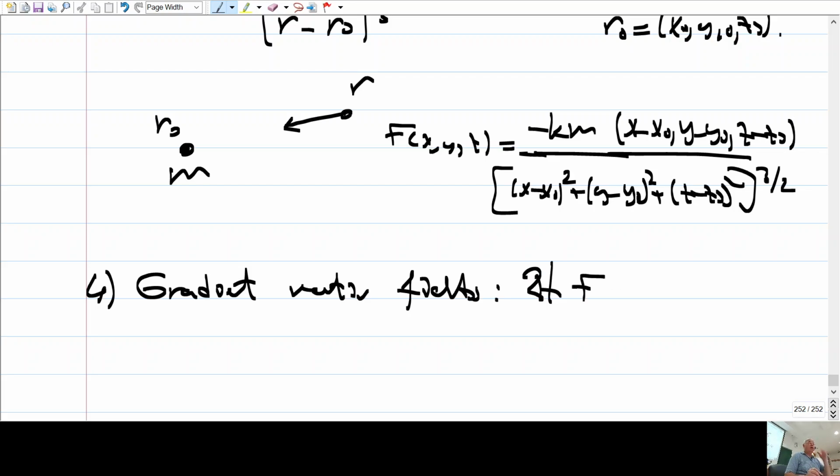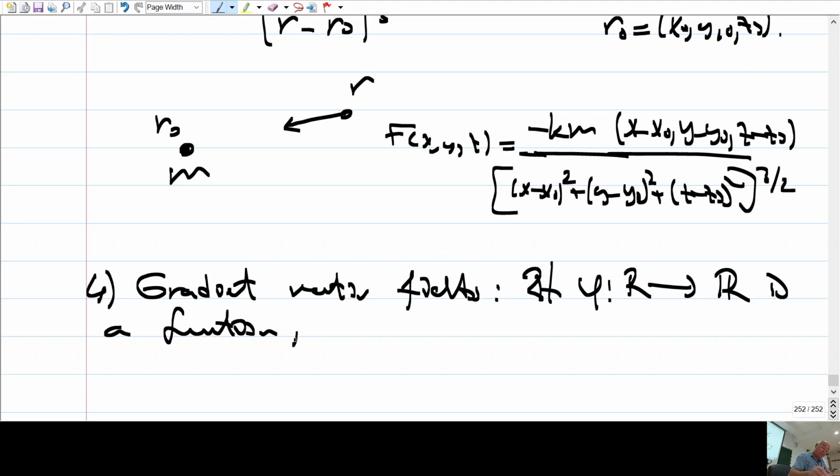If phi, let's say, is a function from R2 or R3, where R is a domain, is a region.